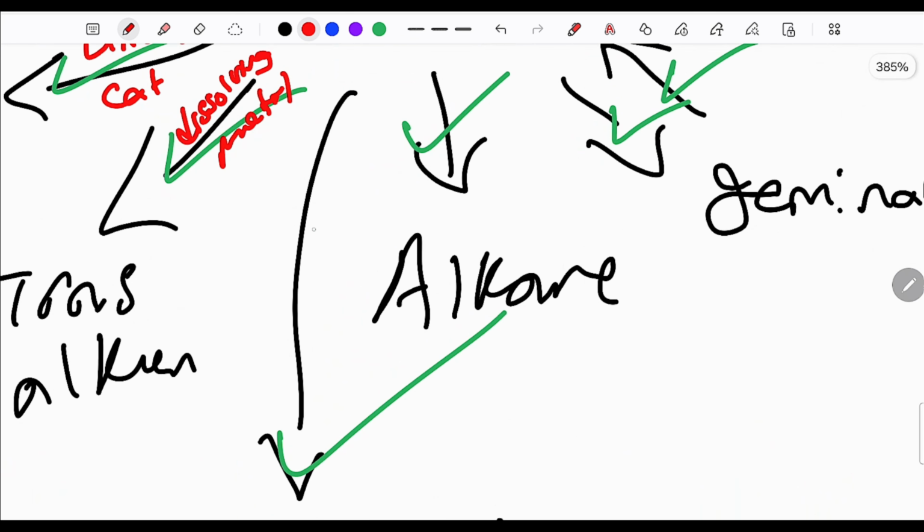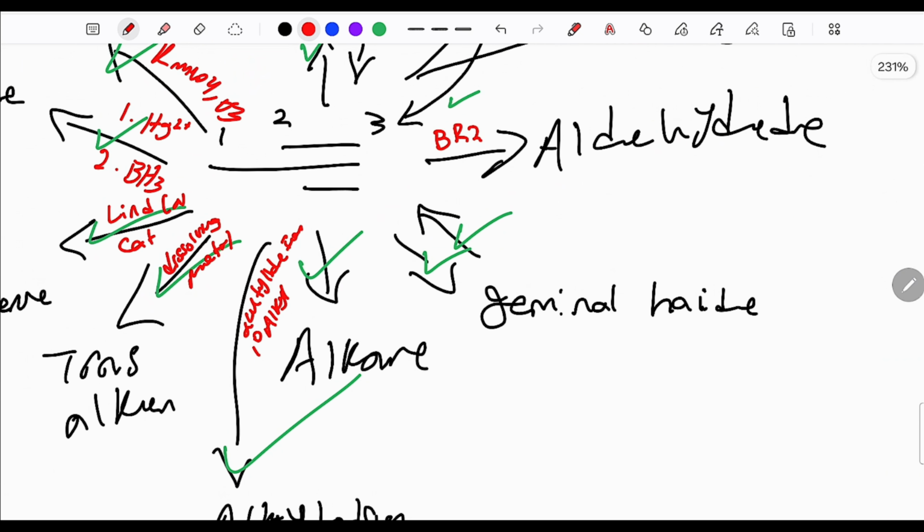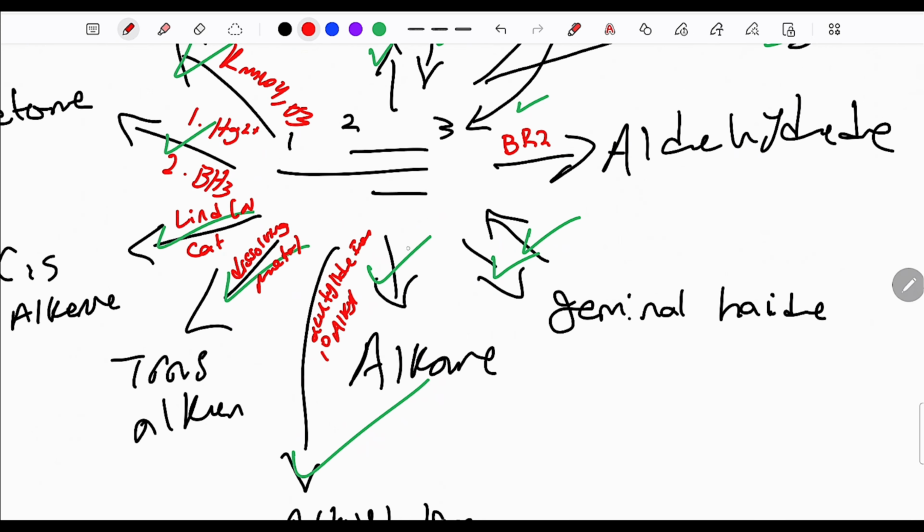Alkylation, you need to use an acetylide ion and a primary alkyl halide. Maybe secondary, but primary alkyl halide is best because it has less steric bulk for that backside attack. Alkane is a full-on reduction with palladium on carbon.